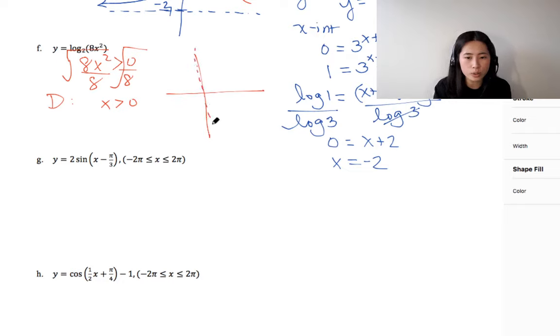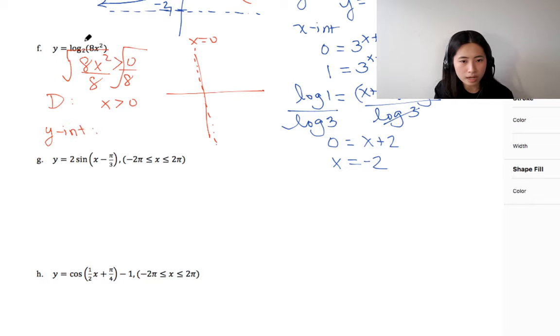As a result, we're going to have x equal to 0, which is our vertical asymptote. And then we have to figure out our x and y intercepts from there. We don't have any horizontal asymptote here, so first, let's figure out our y-intercept.